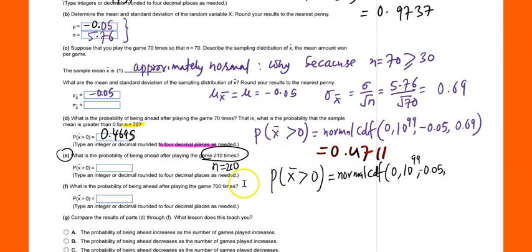Now the standard deviation here is not the same number we used before, because you always use the sampling standard deviation, but here the sample size is 210, so you have to use 5.76 divided by square root of 210. Okay, and you use that in the calculator, everything together, 210 here, and that is square root.